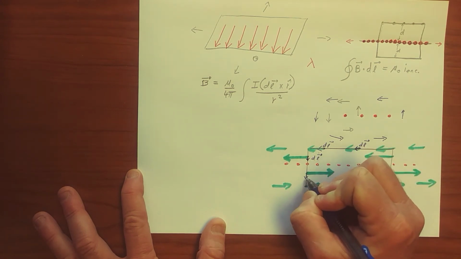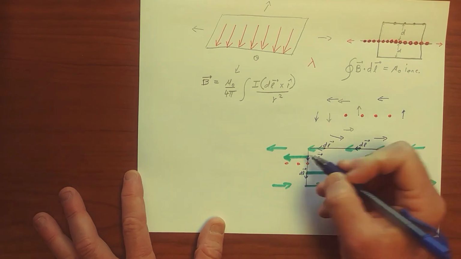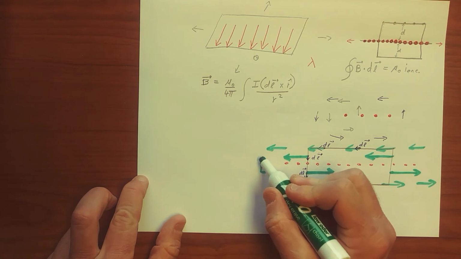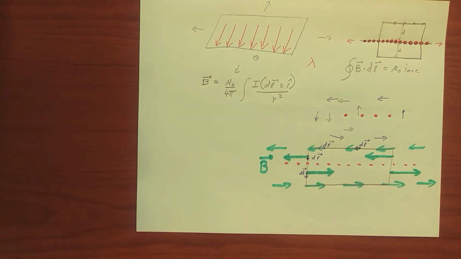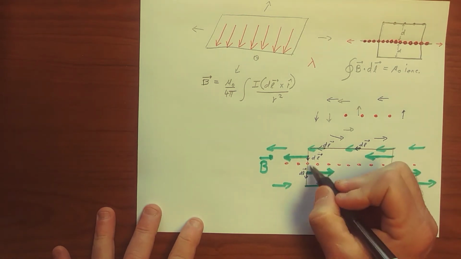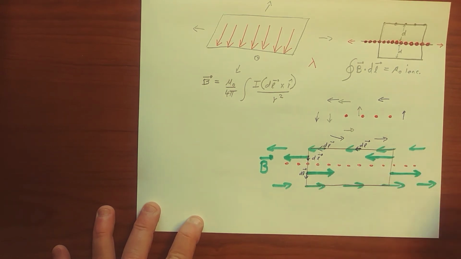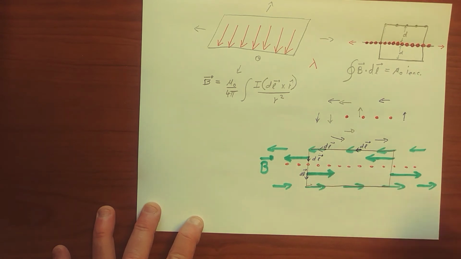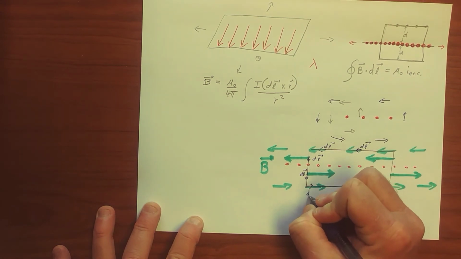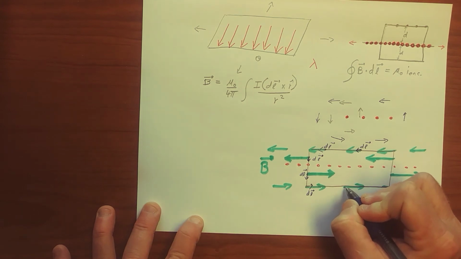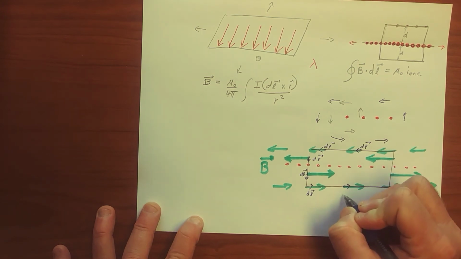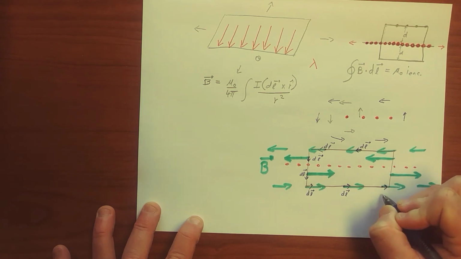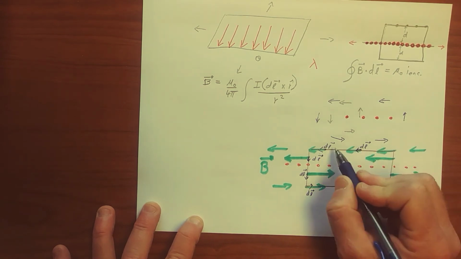We can see that we'll get 0 on this side because the magnetic field B, in green here, is 90 degrees from the dl's, so the dot product gives us 0. The dl's and the magnetic field on the top and bottom side are aligned.